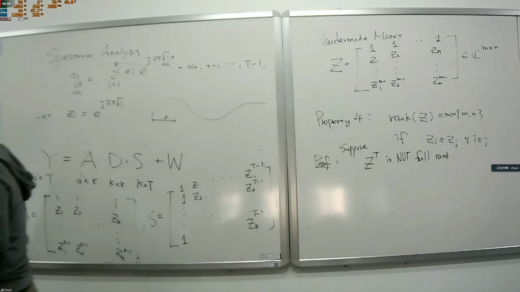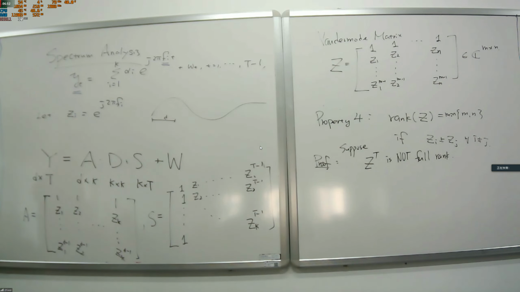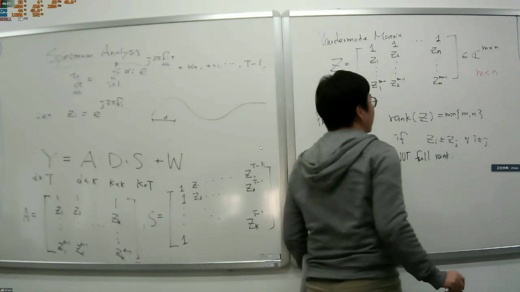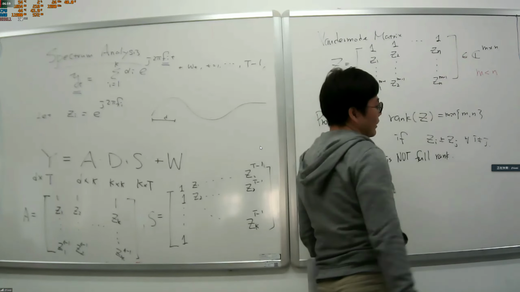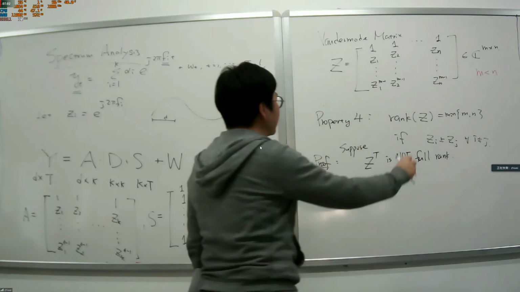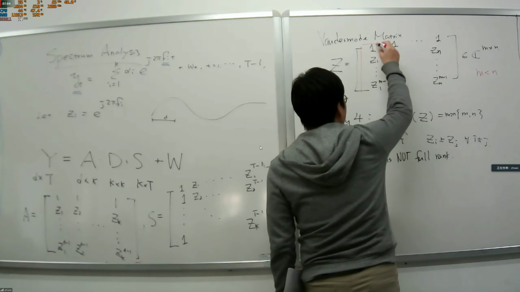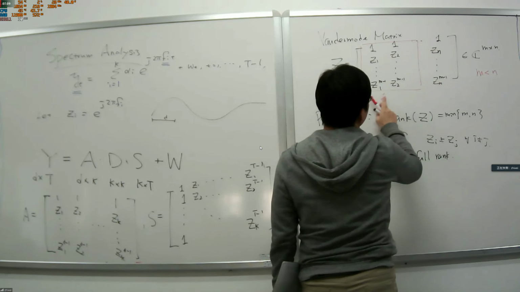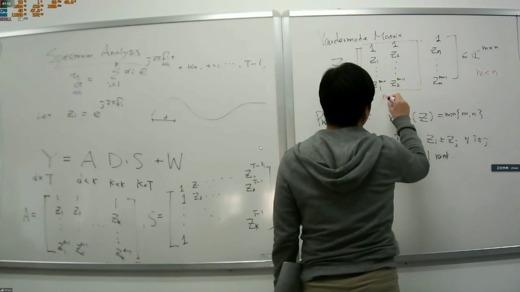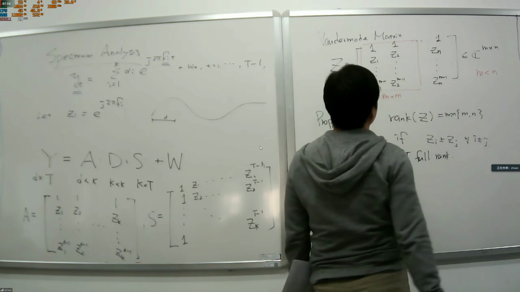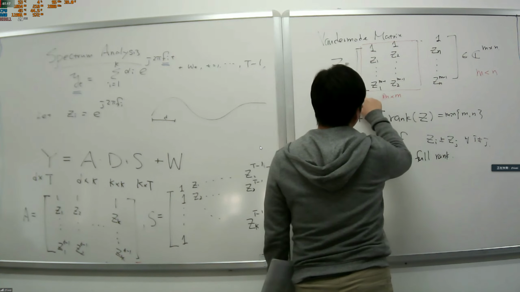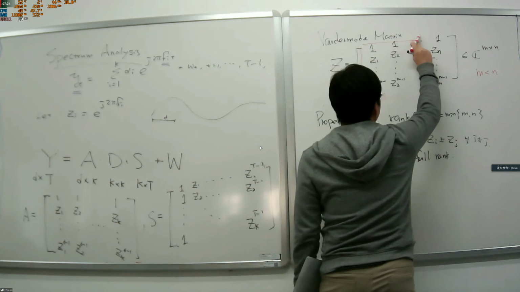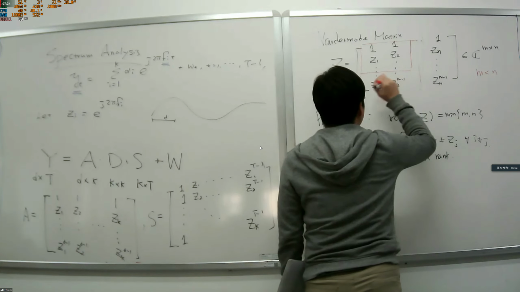To show this, it is sufficient, because suppose m is less than n, for example, then it's sufficient to check any square submatrix.